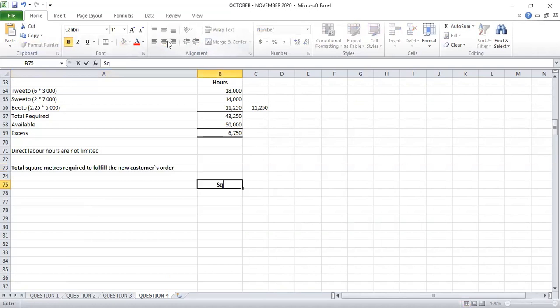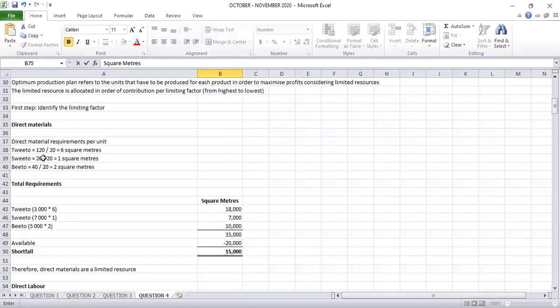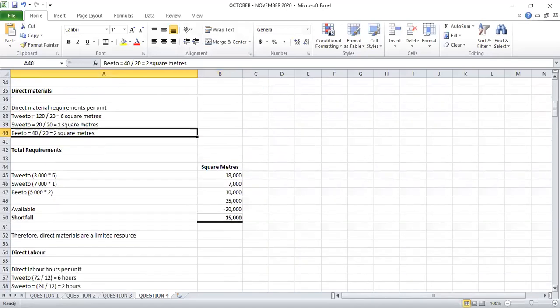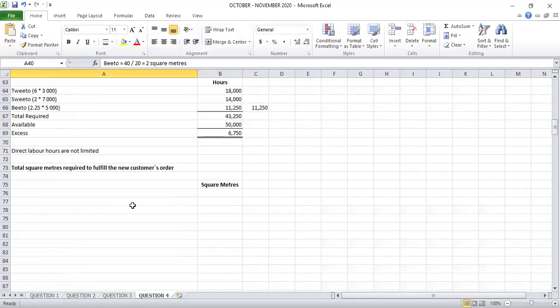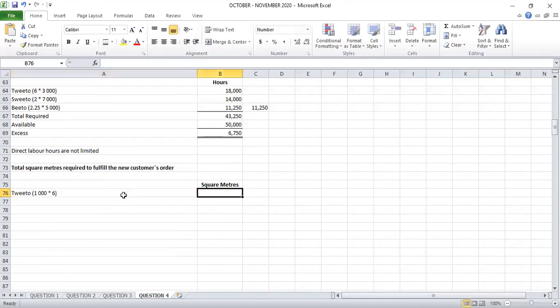Remember, it's 1,000 of each product. And we know that each unit, we have calculated that Twito requires 6, Sweeto 1, and Bito 2. So we'd say Twito, 1,000 times 6, 6,000.